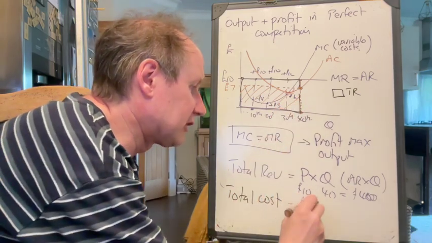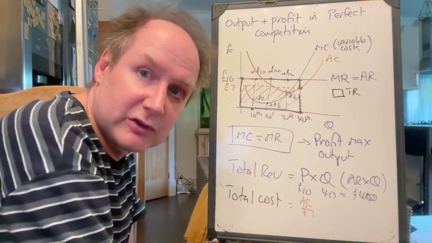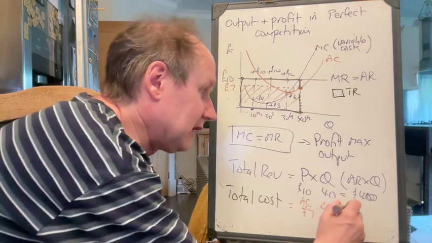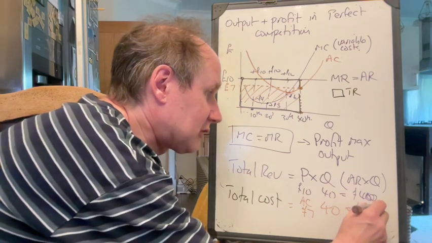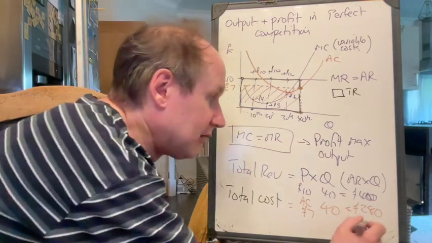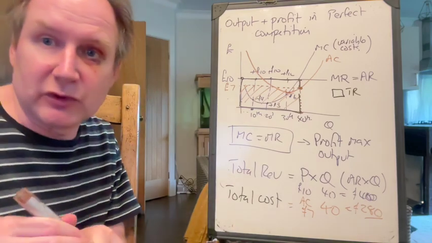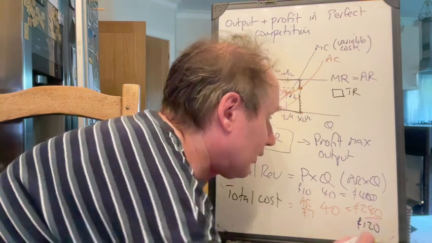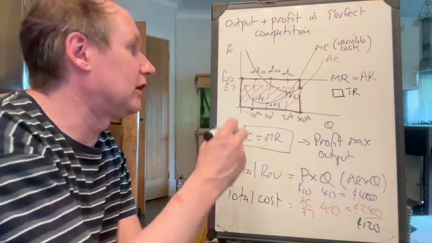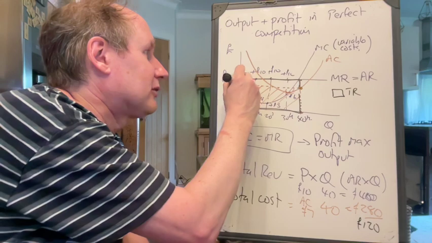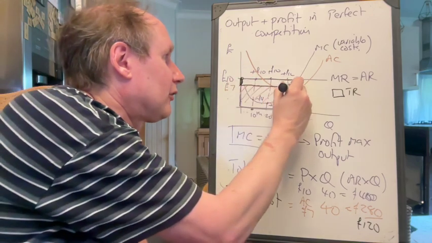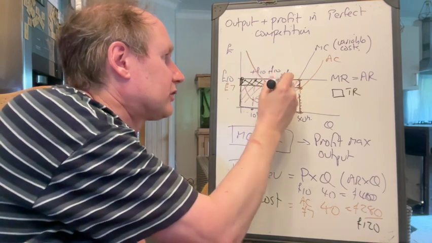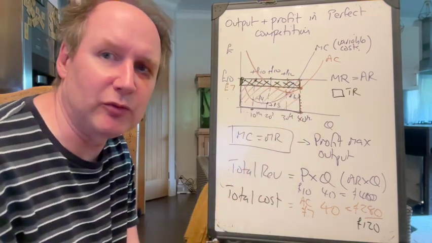Our average cost is £7, our quantity is 40, so I have total cost of £280, meaning my profit is 120. Or looking another way, I'm making a profit of £3 per unit, and I'm making that profit on 40 units. So that area there is what you'll see shortly is going to be called abnormal profit.